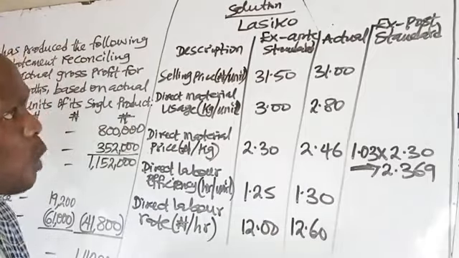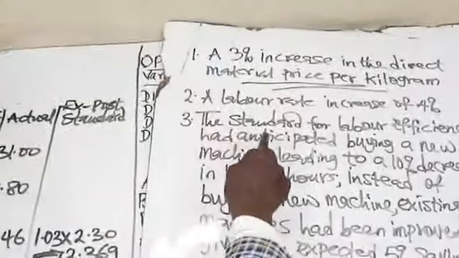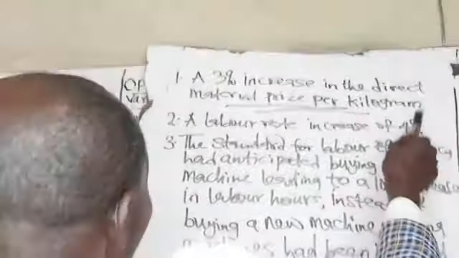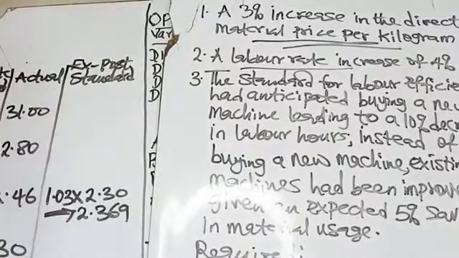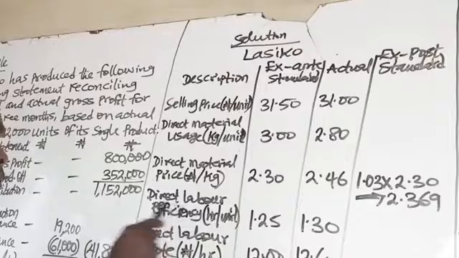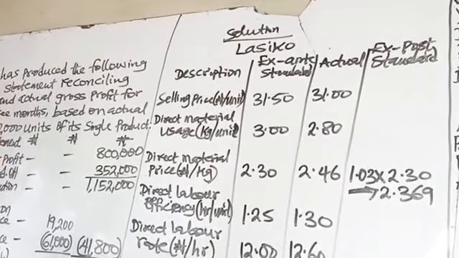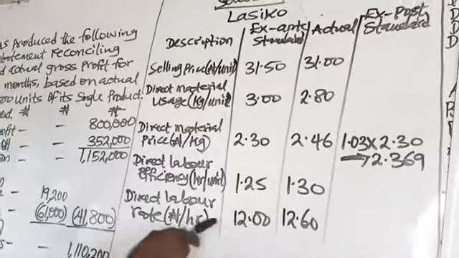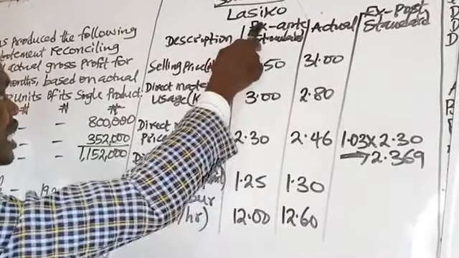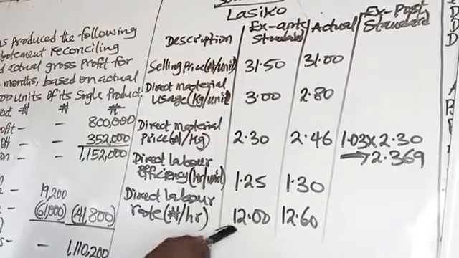Now, back to the question. 2, a labor rate increase of 4%. It is the labor rate you want to increase by 4%. This is direct labor efficiency, and efficiency is not the same as rate. So it is the rate you want to increase by 4%. The initial S and T standard rate is 12 naira.